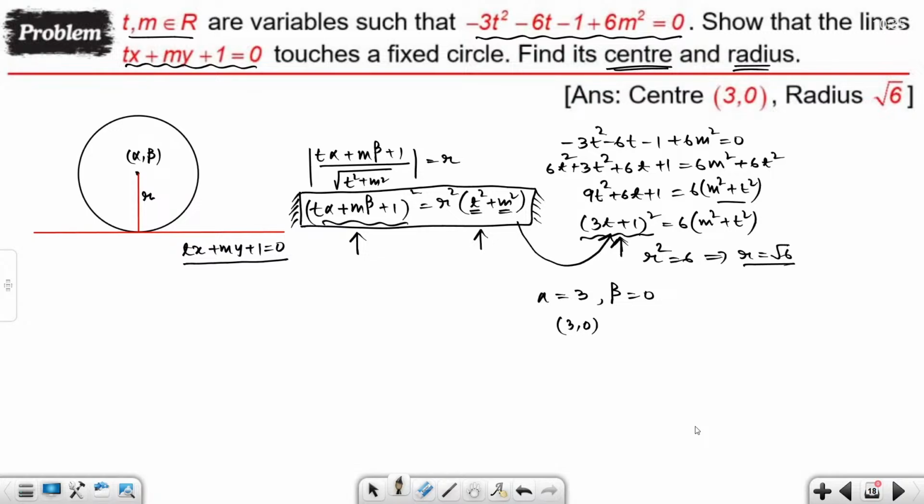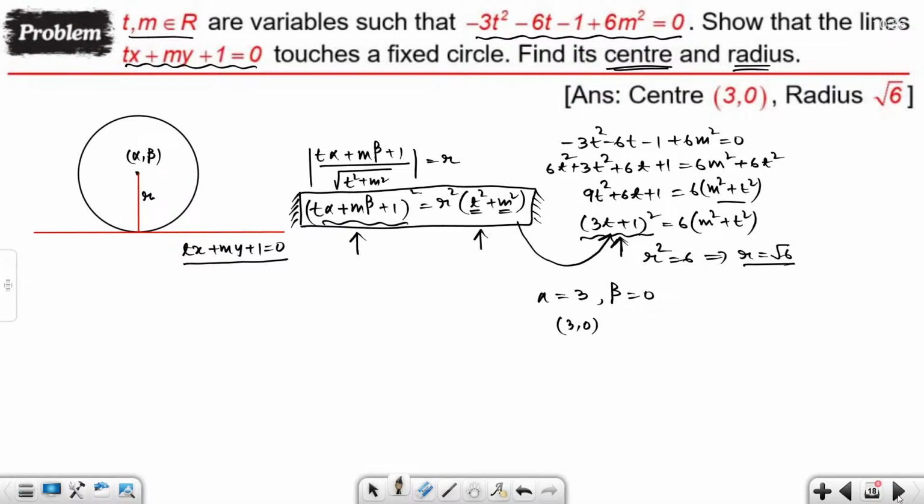It will always be the normal, that is the perpendicular, because that will be the normal of the given circle, and this length will be nothing but the radius of the circle. That funda we are using again and again, and this is what we will do throughout the circle chapter, and exactly what you people will also do. Use this funda: if there is a tangent, join the point of contact with the center and equate it with the radius. You will definitely get your answer. Okay?